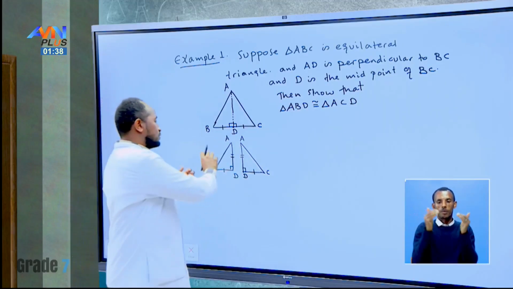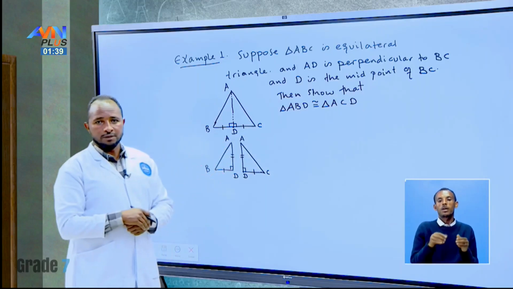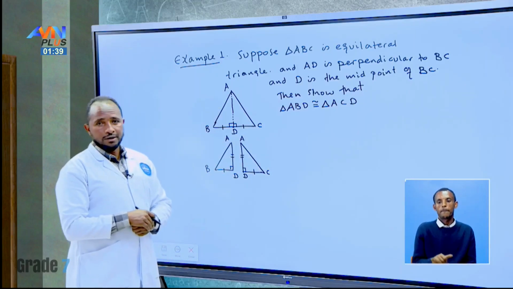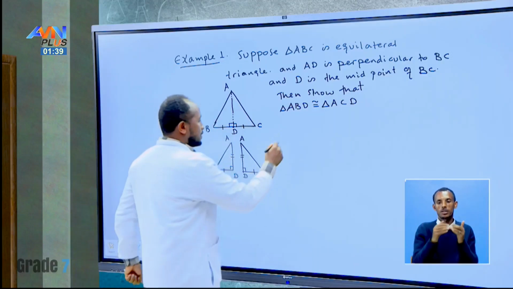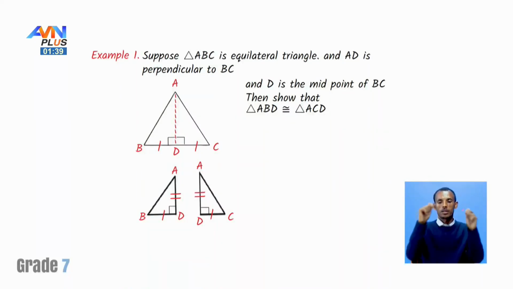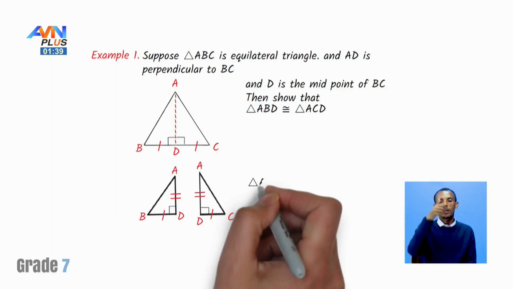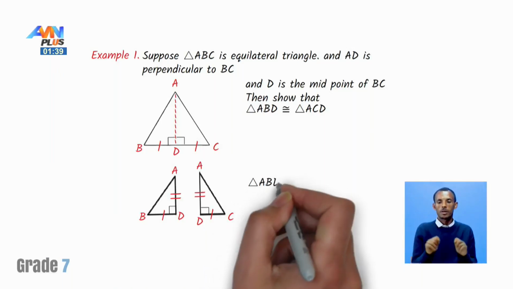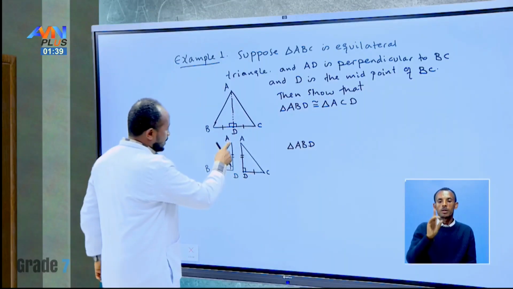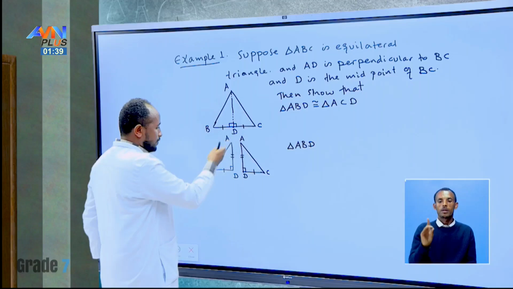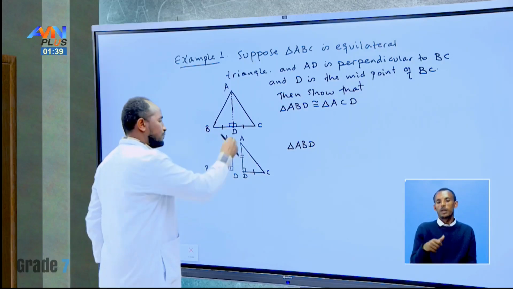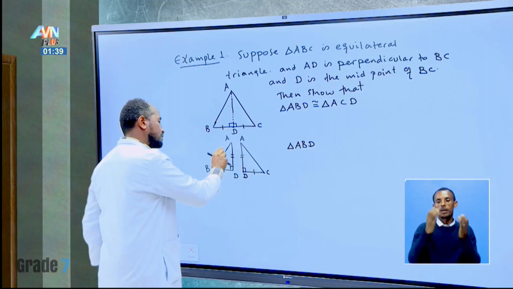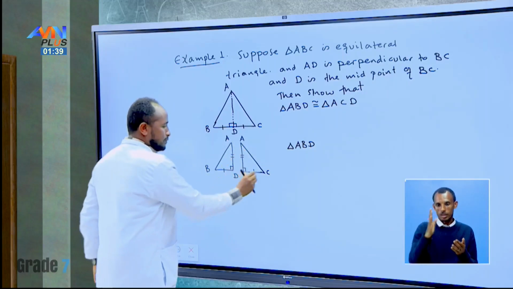If you move this one onto this, it completely fits. So in what order do they fit? Let's write the congruency order. Here, triangle ABC, triangle ABD. From this part to mark 1, this side fits with this one, this side with this one.